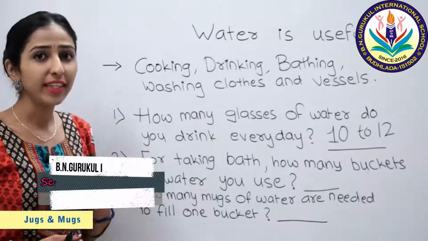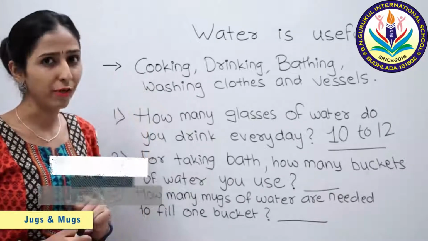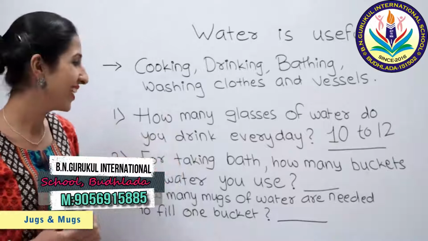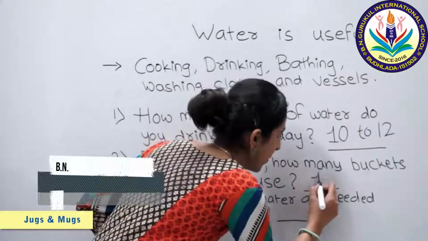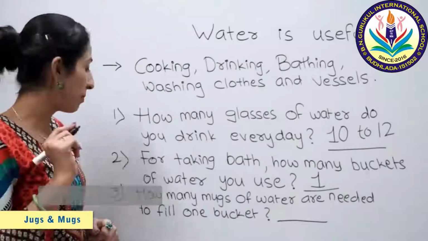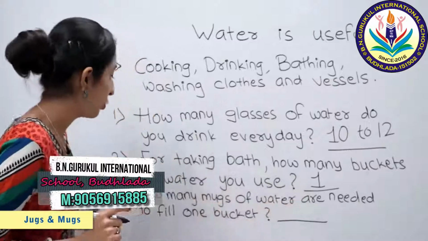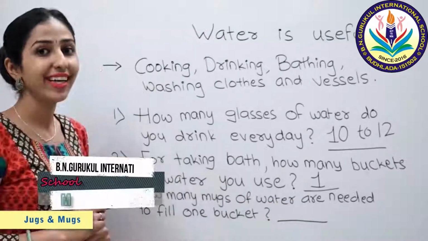Okay, I will tell about myself. I use 1 bucket of water for bathing. So, 1 bucket water. Now tell me, how many mugs of water are needed to fill 1 bucket?